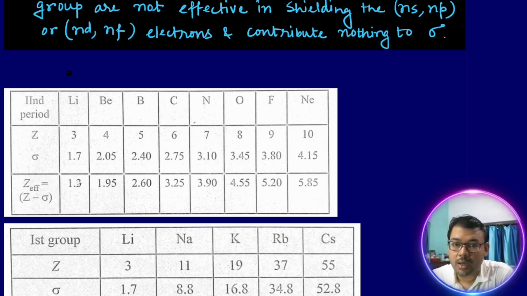So the effective nuclear charge increases while moving from left to right along the period.